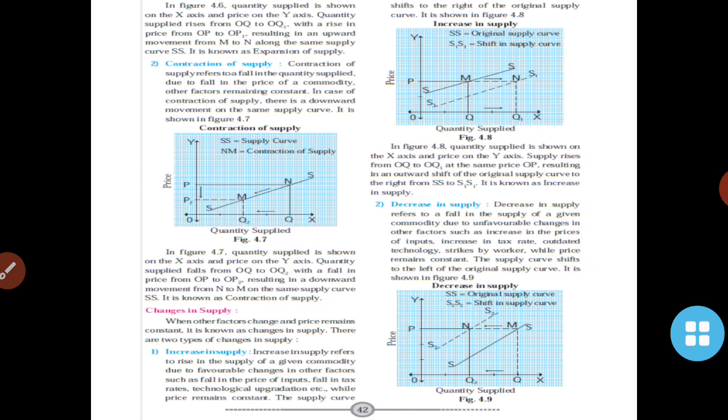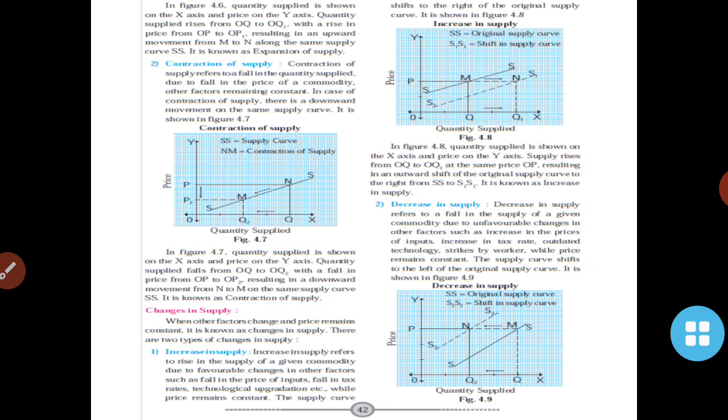The second point is decrease in supply. In the same way as increase in supply, here the reasons because of which the price of the product is going low are given in the second point.